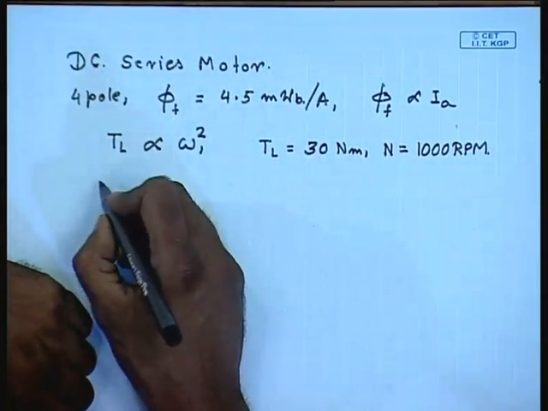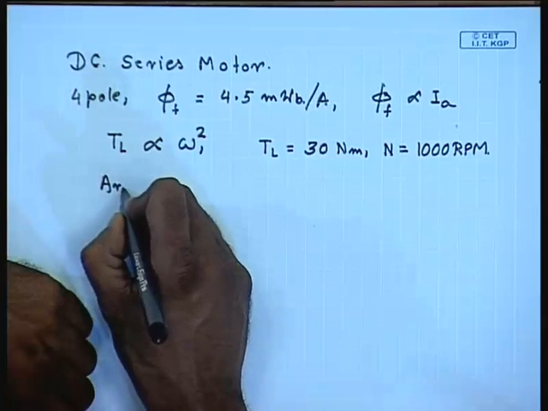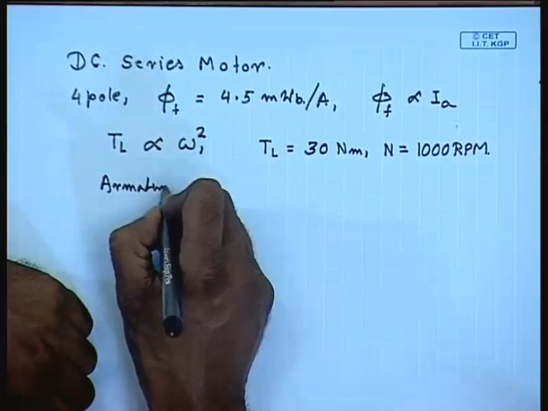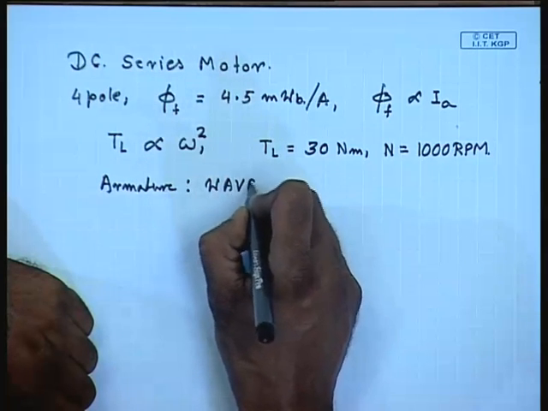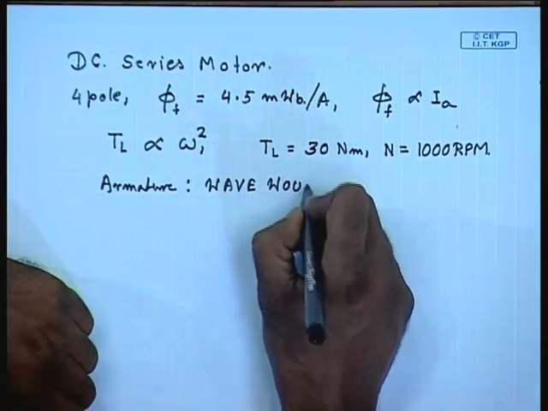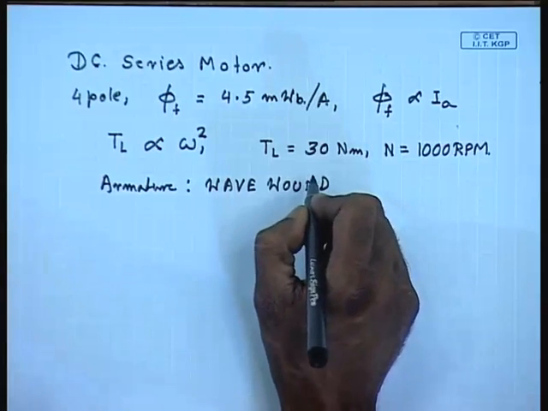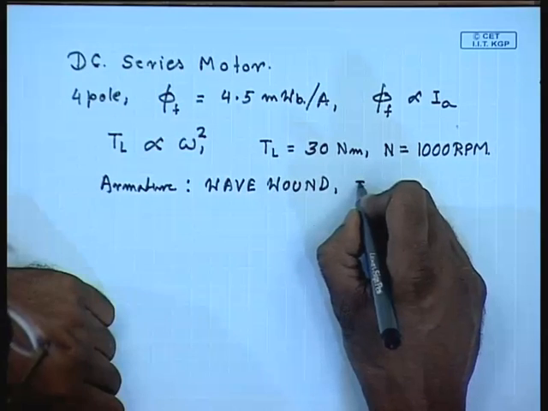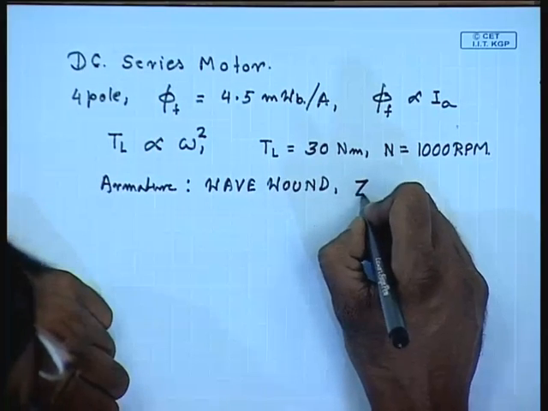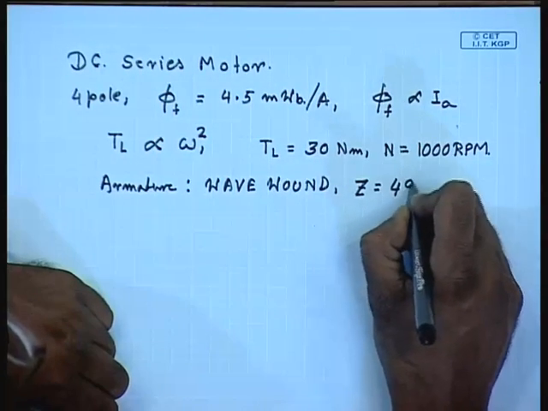The armature is wave wound and has Z conductors, number of conductors Z equal to 492.